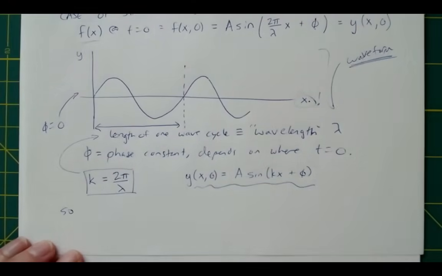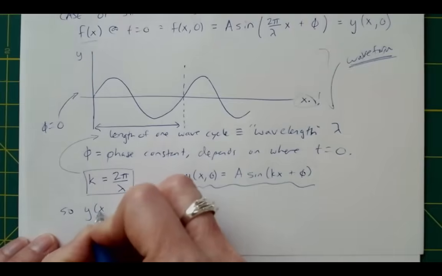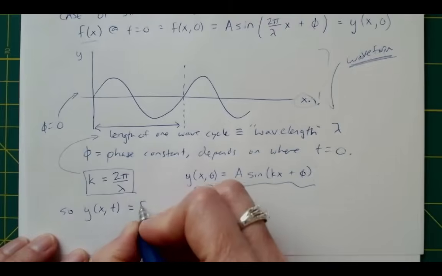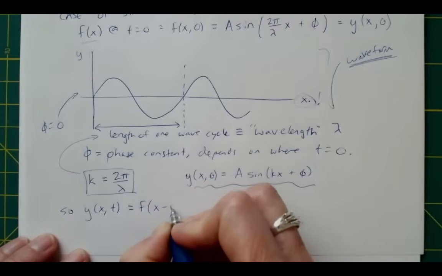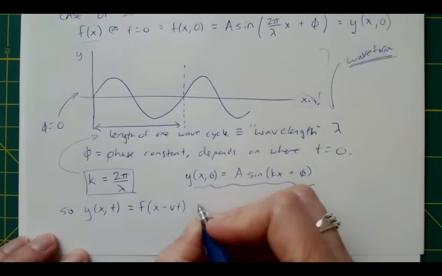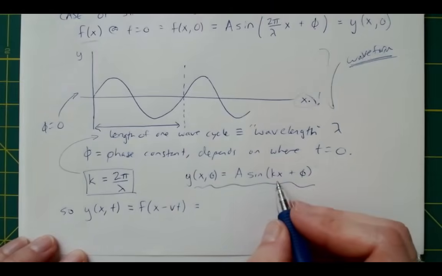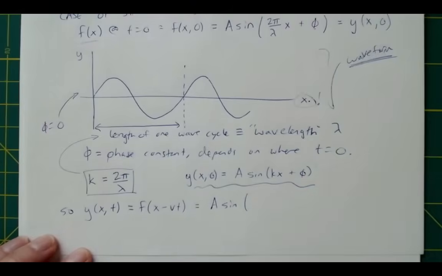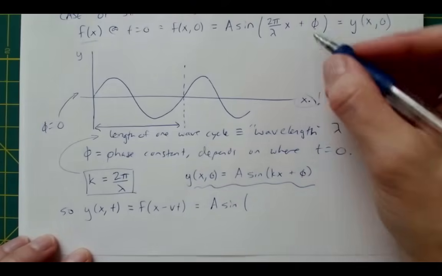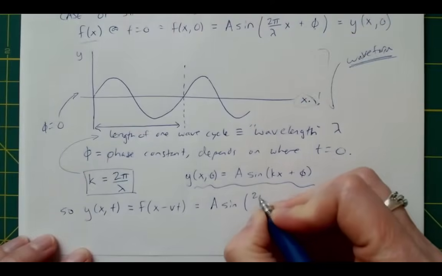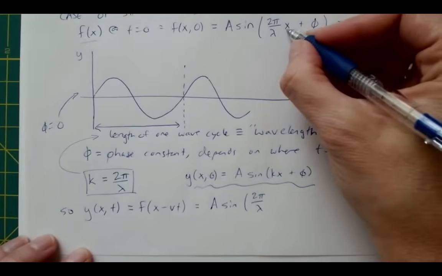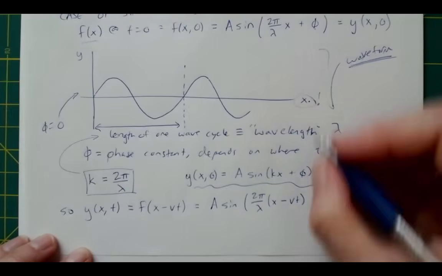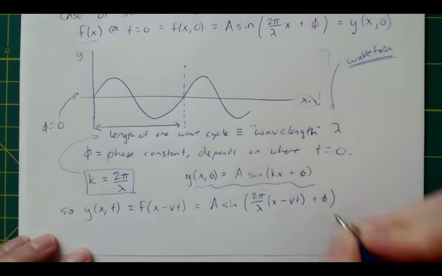So y as a function of x and t is equal to our function of x minus vt, which is going to be equal to A times the sine of, and in this case I'll leave it in terms of 2 pi for clarity, 2 pi over lambda, and then here x turns into x minus vt, and then plus phi.